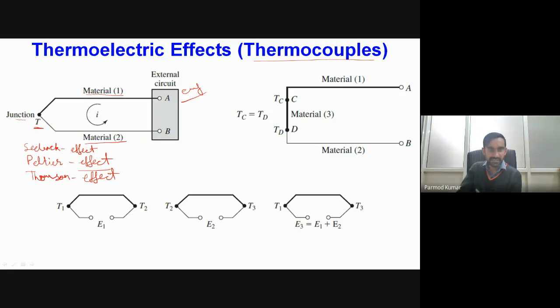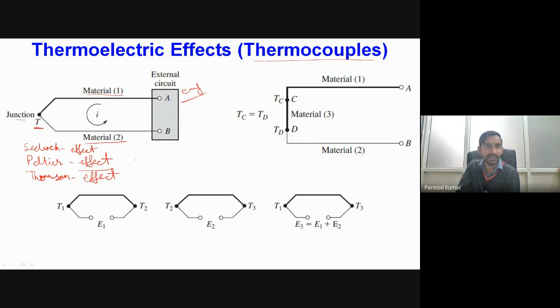Okay, so principally our aim was to utilize the Seebeck effect, but while using it we have a few additional things because of the inherent nature of the phenomenon, and these two things cannot be avoided. So we will have certain alterations in EMF.